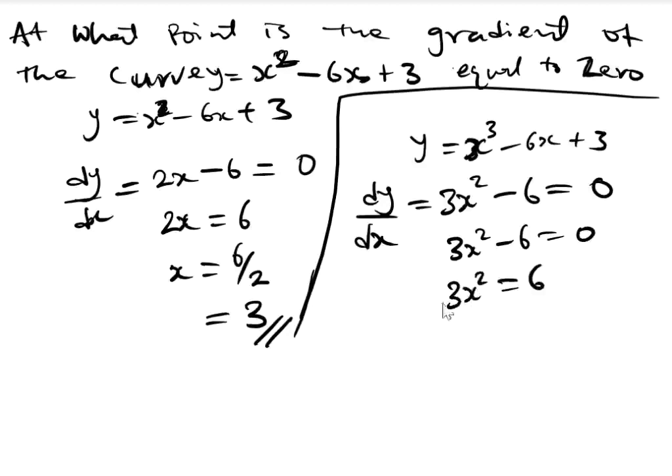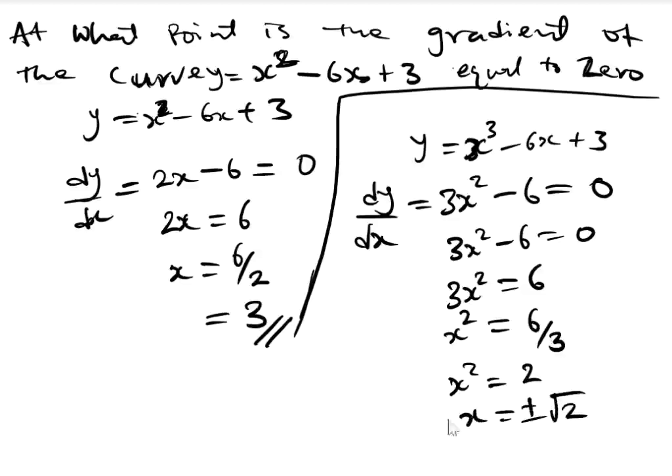Dividing by the coefficient of x, we have that x squared is equal to 6 divided by 3, which is 2. So x is equal to plus or minus square root of 2. And this is the final answer.